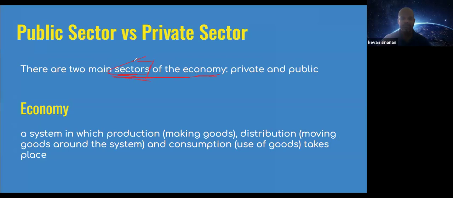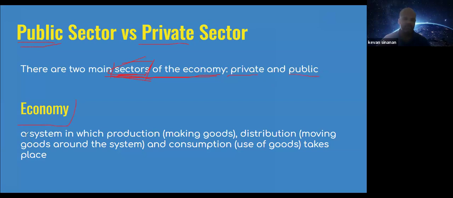For the sake of CXC and in POB, if they talk about the word sector, just bear in mind that they would like you to differentiate between private sector and public sector, right? Just put a little pin on that. And the two sectors are private and public.